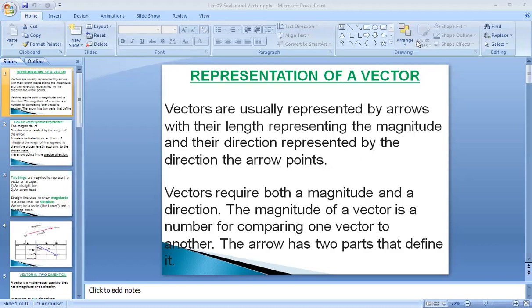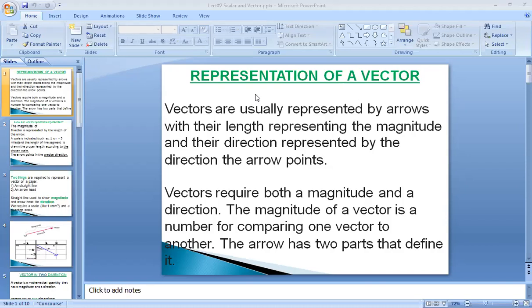So how can we represent a vector on a paper? This is an important question. When you have to write in an exam or test, you can write that two things are required for the representation of a vector on a paper.